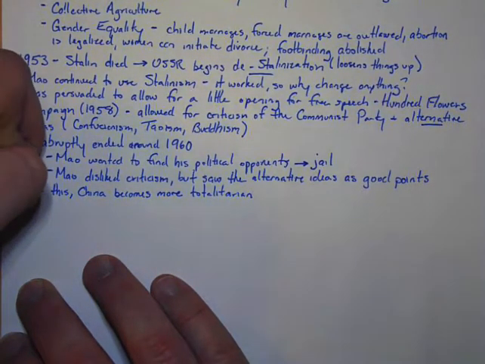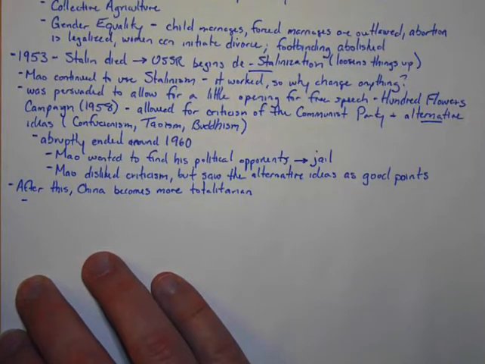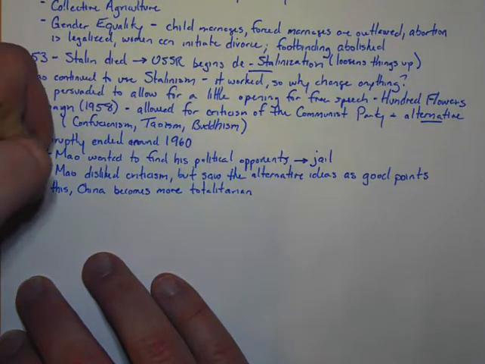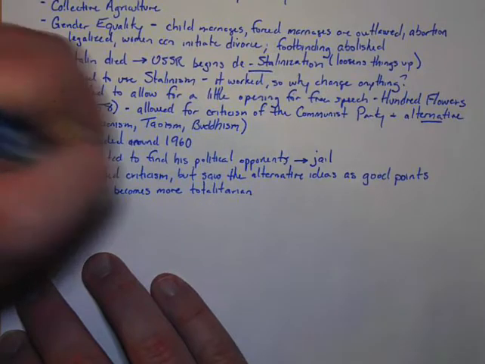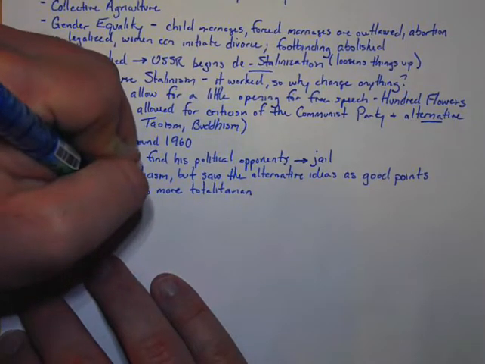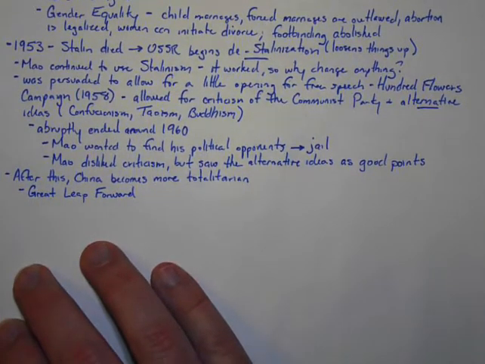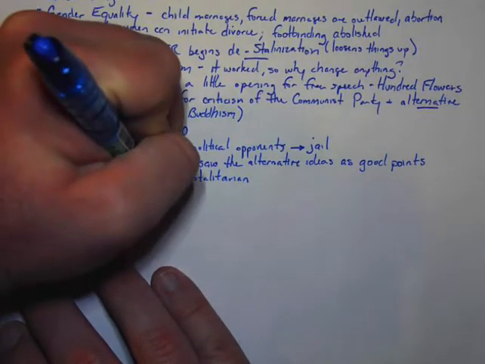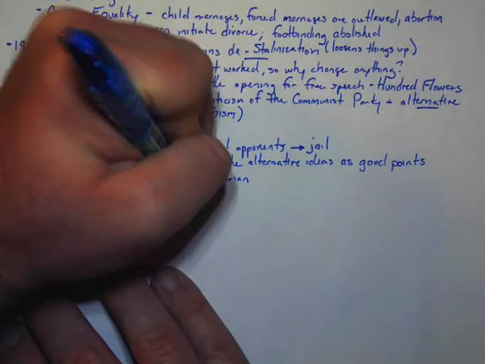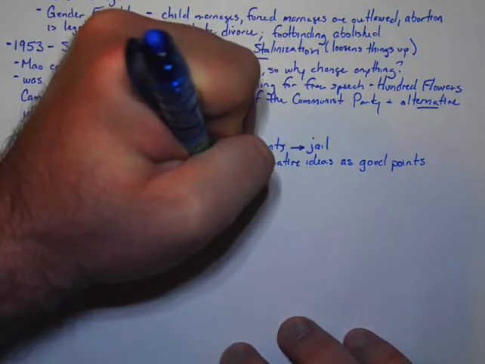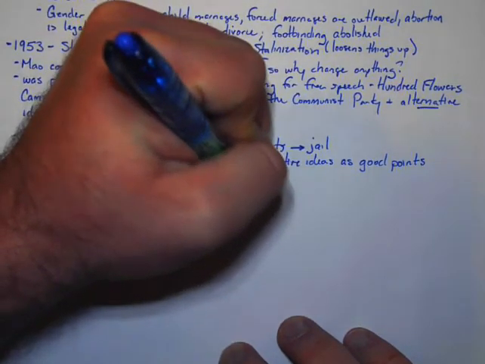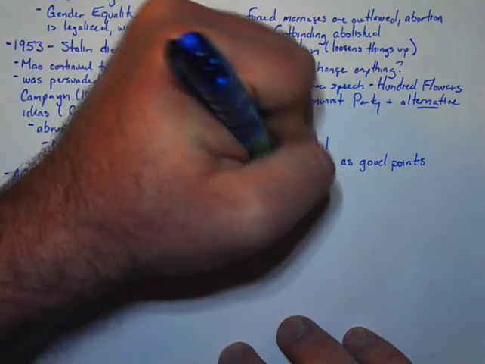And we see two big important policy goals after the 100 Flowers campaign. The first one of these is the Great Leap Forward. The Great Leap Forward was 1958 to 1961, and it was a big push for collective agriculture.